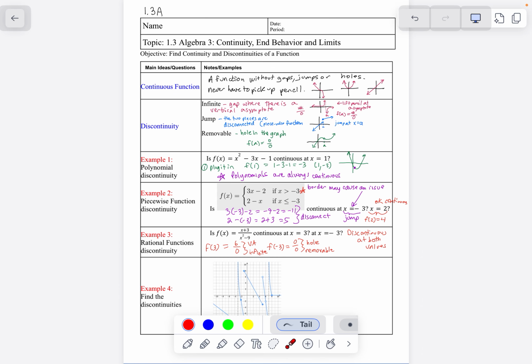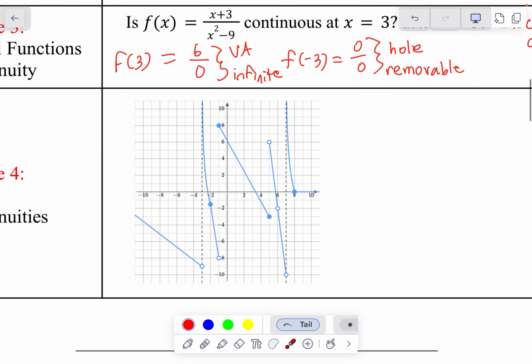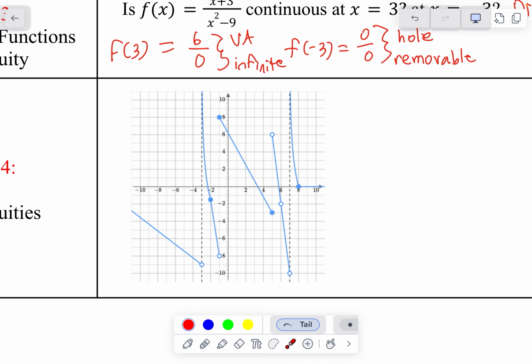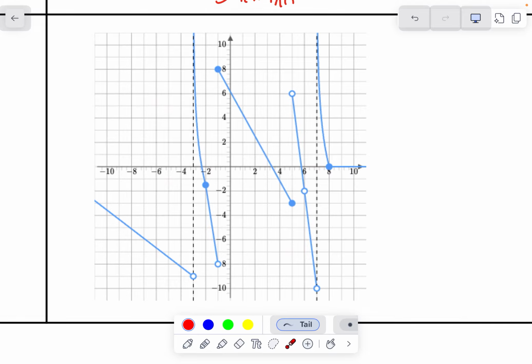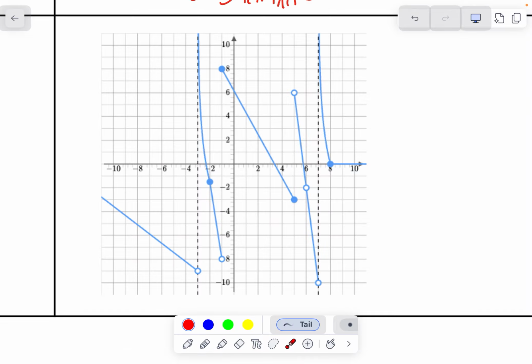Okay, so let's take a look now at our last example. It says find the discontinuities. Now, it's easy to locate them, but I also want you to show me how. So just take a minute and try to draw a very rough graph of this on your paper, okay? You probably have it in front.